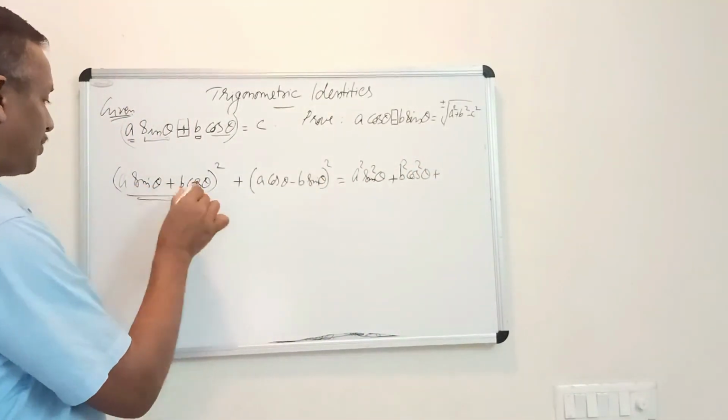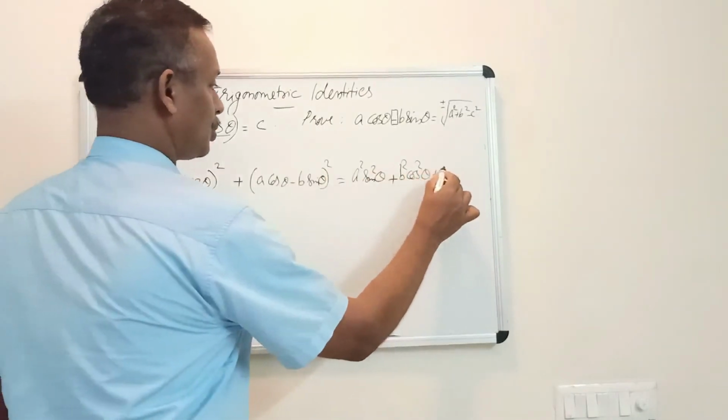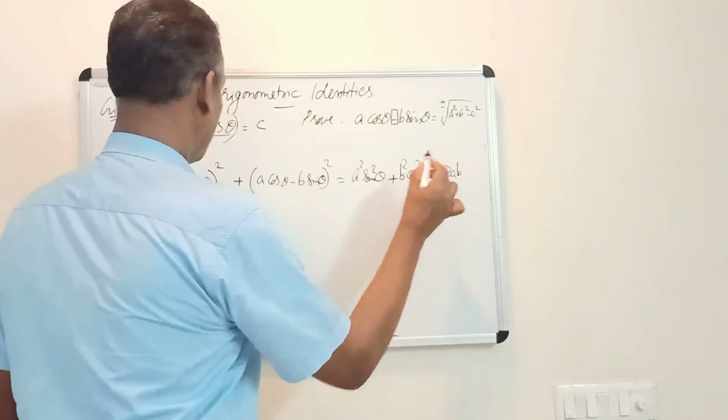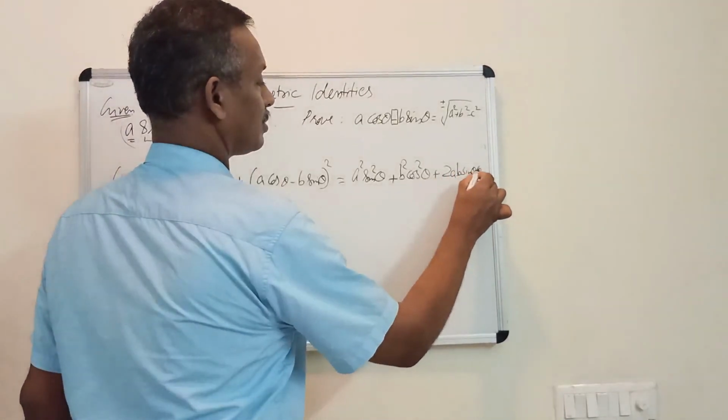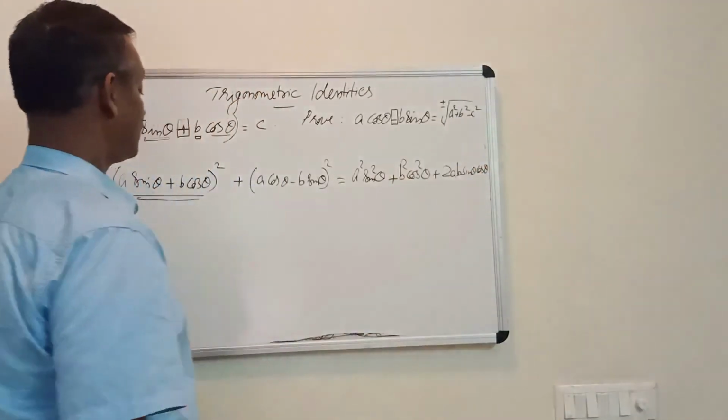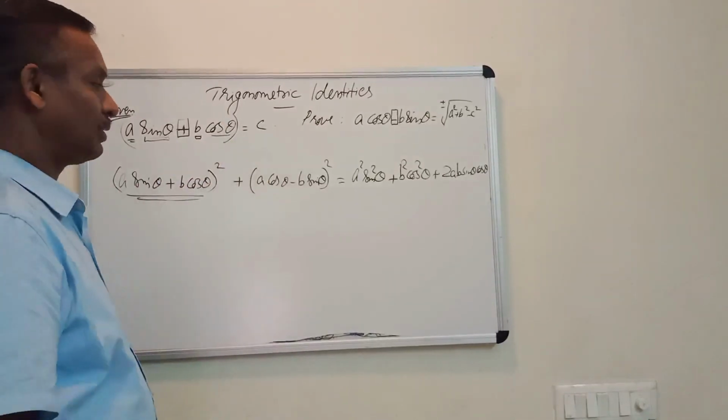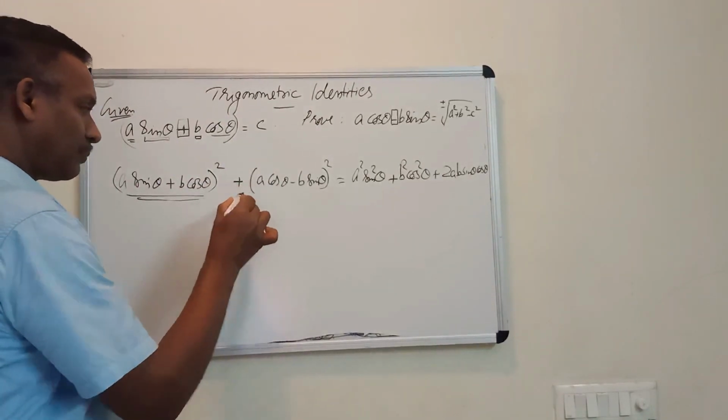When you multiply these two, ab will come, 2 also will come, and then sin theta cos theta. This is the expansion of the first one. And after that, what is the sign here? Plus sign.